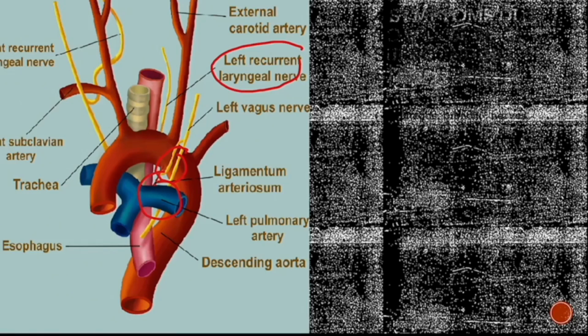If it is compressing the esophagus, it can produce dysphagia. Compression of the left recurrent laryngeal nerve, especially in mitral stenosis, is called Ortner's syndrome. So ask about dysphagia, which can be seen in patients with mitral stenosis when the pulmonary artery or the left atrium compresses the structures.